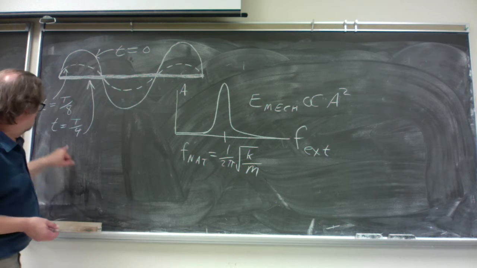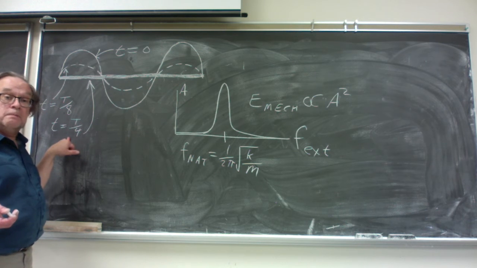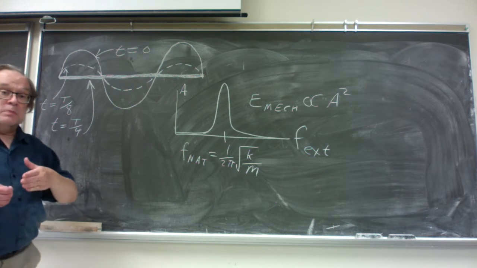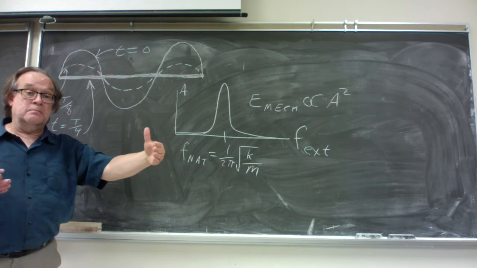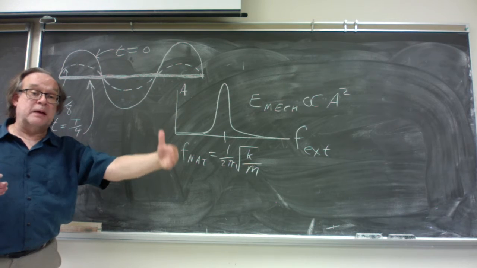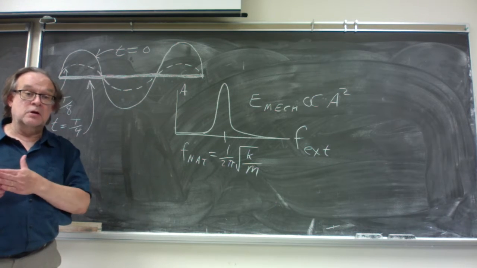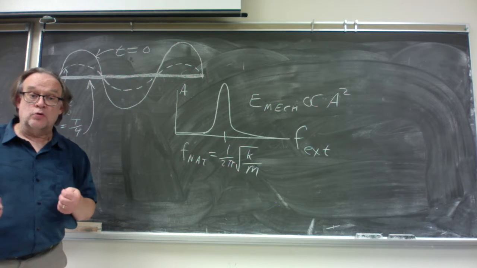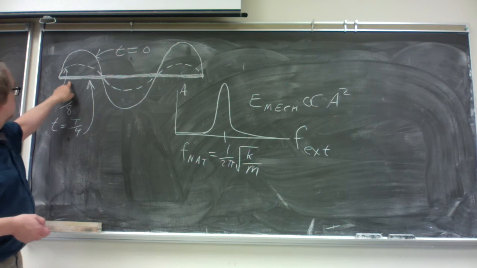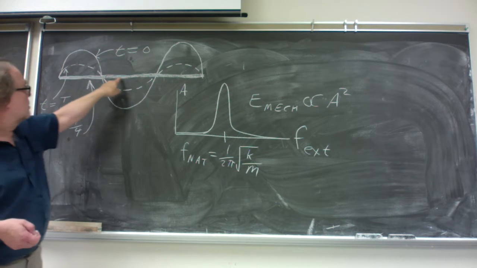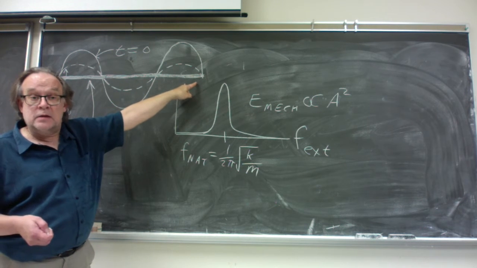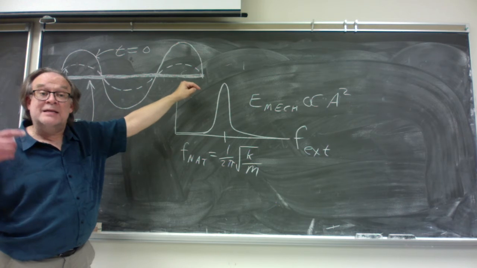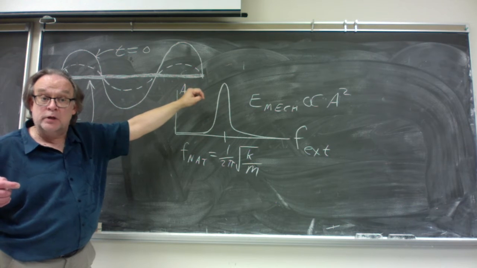And then after 1/4 of a cycle, every oscillating mass has moved from its maximum displacement back to equilibrium. That takes 1/4 of a cycle. And so at this moment here, every little bit of mass is at its equilibrium position.